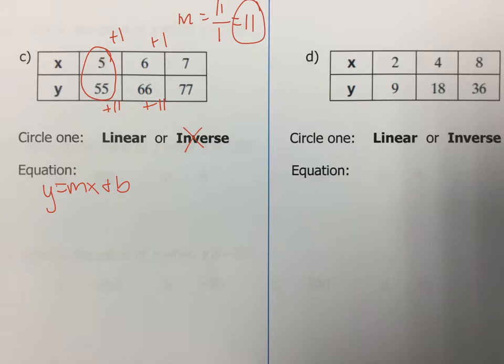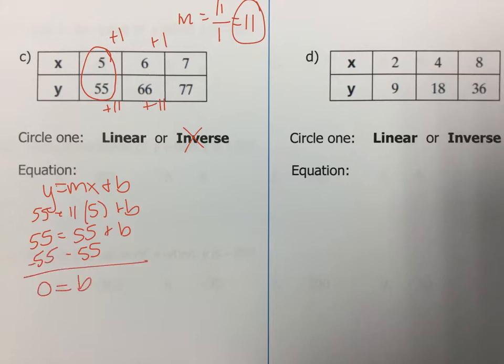So my y value is 55, my slope's 11, and my x value is 5. And then if I simplify this, I get 55 equals 11 times 5 is 55, plus b. Solving for b, taking away 55 from both sides, I get 0 equals b. So my y-intercept is 0, my slope is 11, so putting this together, y equals 11x plus 0, or again, you could just have y equals 11x.